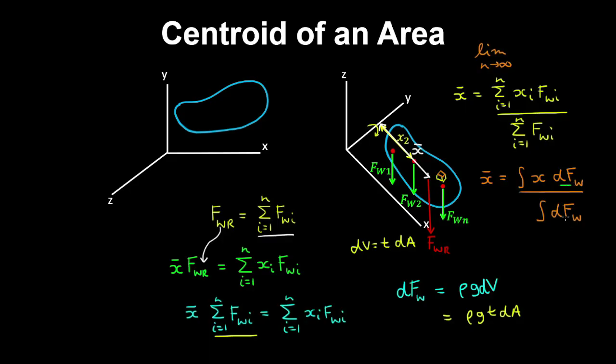And now we can substitute into this expression, and we obtain an expression for the centroid as an integral over an area. So that'll be x by ρgt dA over the integral of ρgt dA.